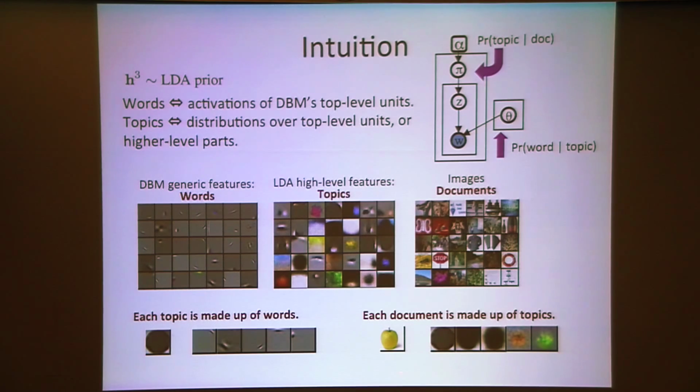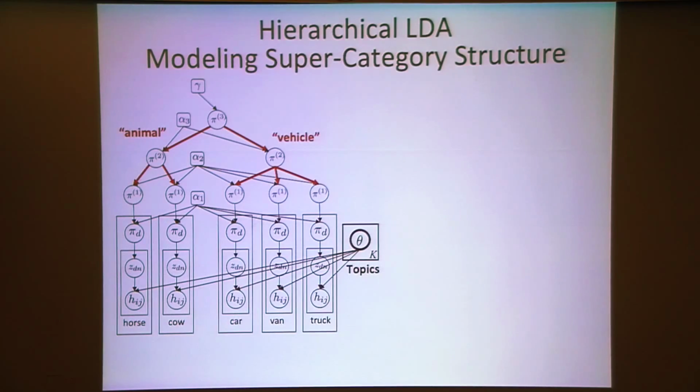For objects like apples, it decomposes the image into shape and color. That's something the model discovers, a good way of representing images. And the interesting thing is that there are no image-specific priors placed into these models. These are just discovered by the model.